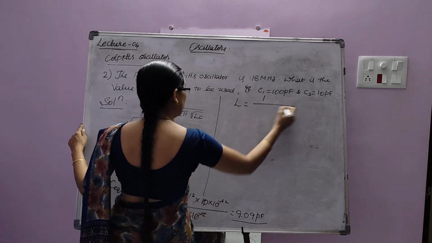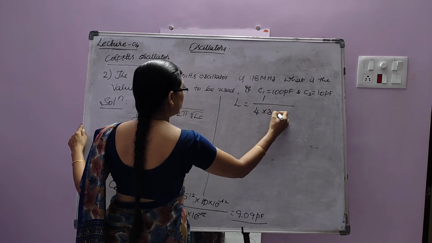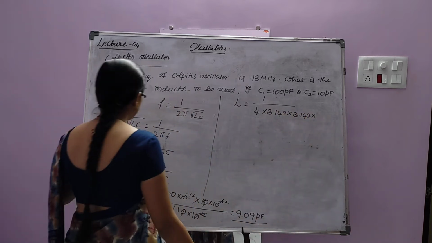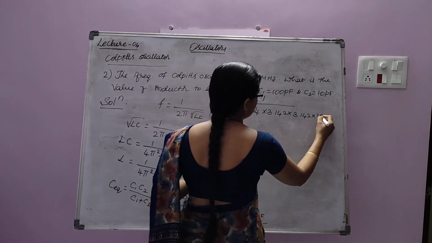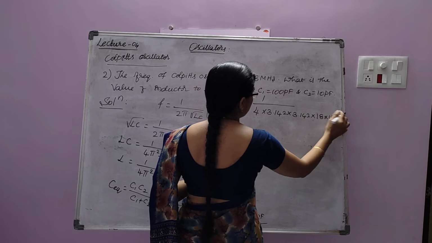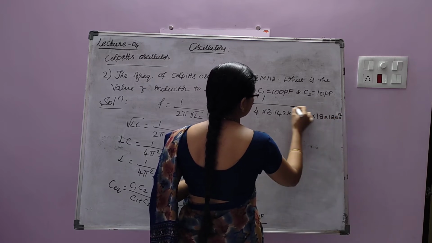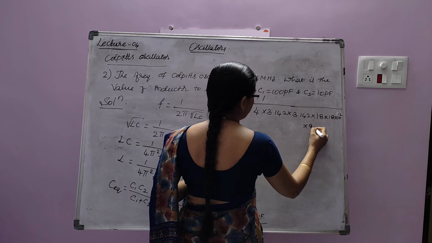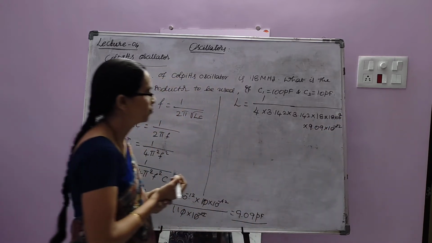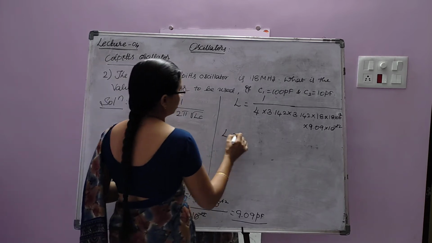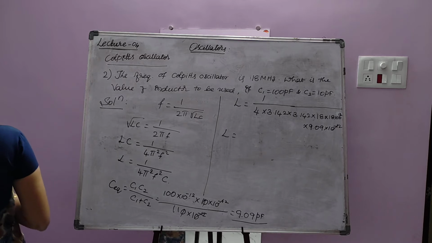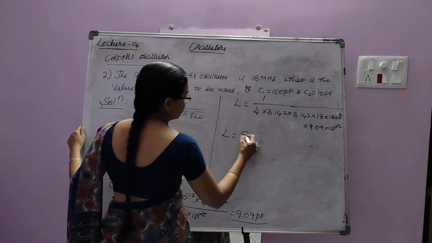L is equal to 1 by 4 into 3.142 into 3.142 into f square. f is 18 megahertz: 18 into 18 into 10 to the power of plus 12 into 9.09 into 10 to the power of minus 12. These two get cancelled. Calculate it and take the reciprocal. You get the inductance value 8.597 microhenry.